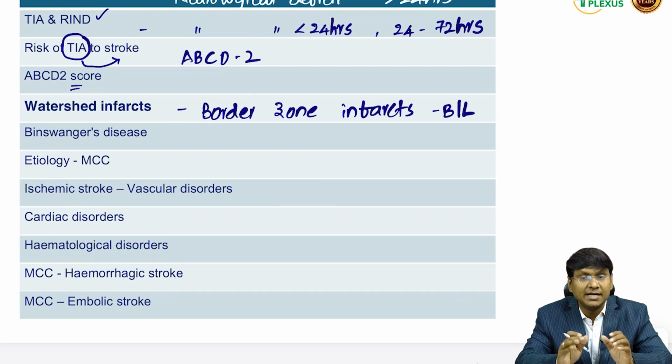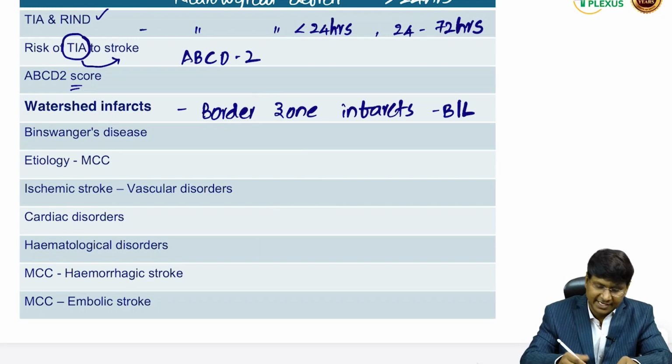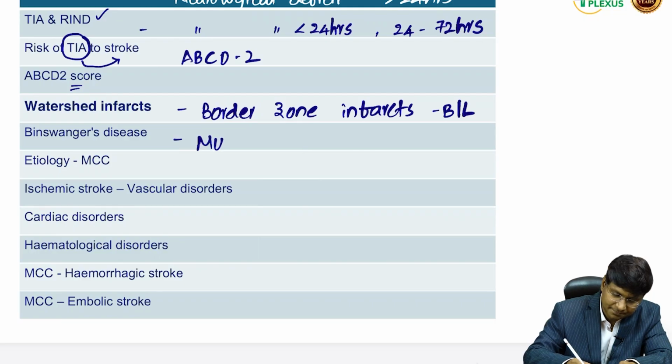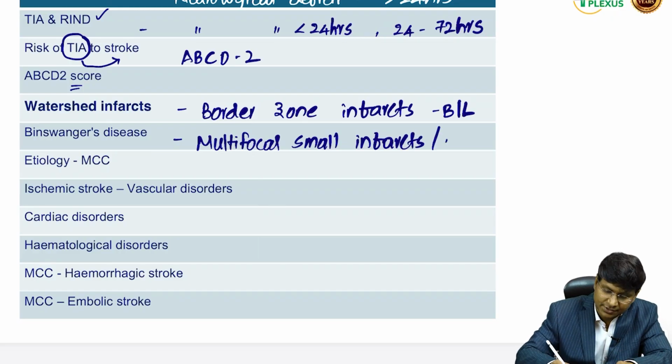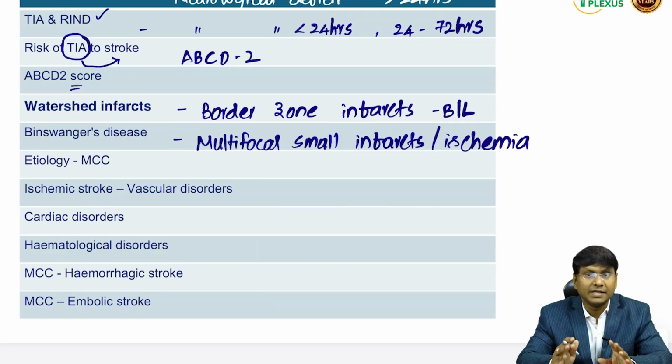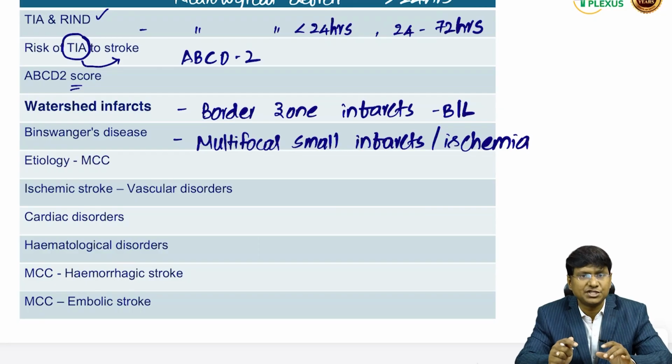Then we have a disease called Binswanger's disease. It is a scenario where there are multifocal small infarcts or ischemia.